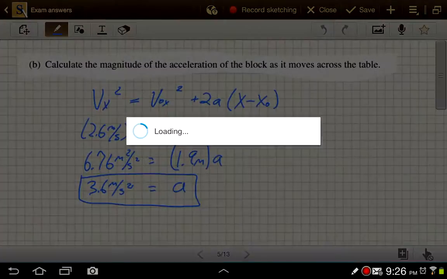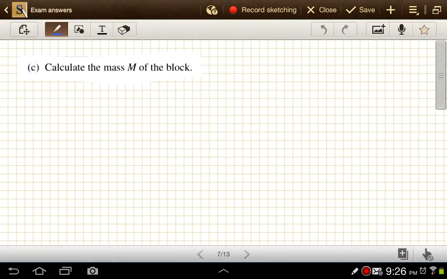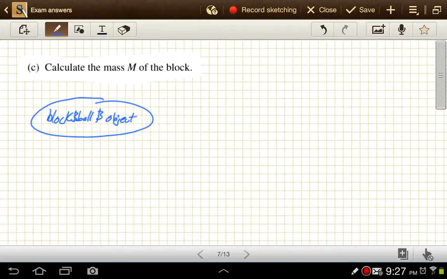It's only this one gravitational force that causes that acceleration. We know that all three pieces, the ball and the block and the object that's hanging down, those all move together. So maybe redraw this. This will be the block and the ball and the object that's hanging, and those are all being pulled by some force that's equal to the mass of the object times gravity.